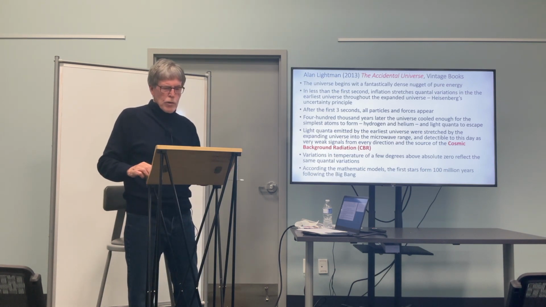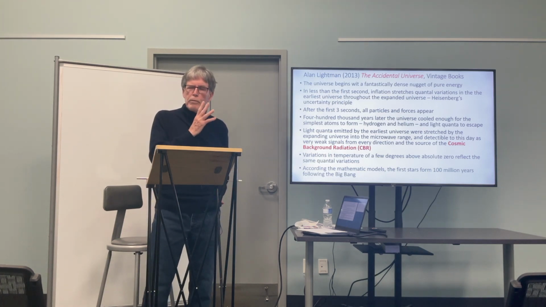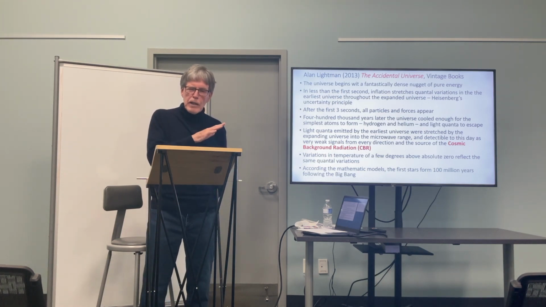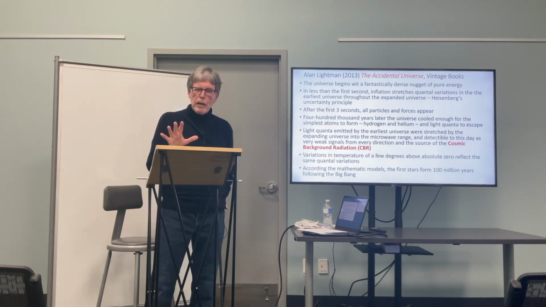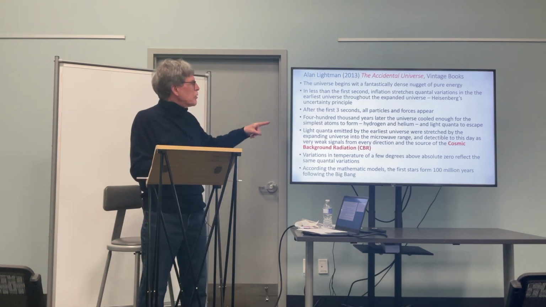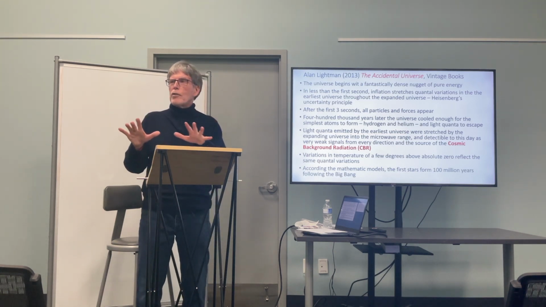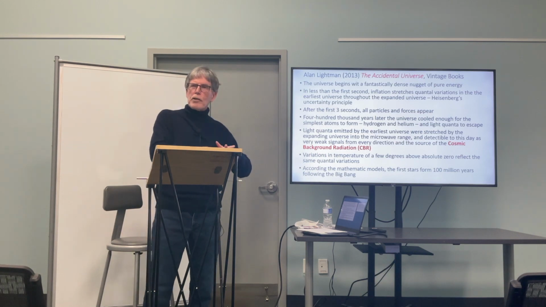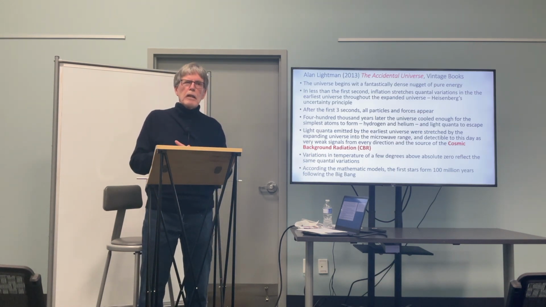One thing you should know about the evidence for the Big Bang and almost all of the events we talked about last week and this week is that it's really a combination of mathematical modeling and experimental evidence. The cosmic background radiation is something you can actually measure that is consistent with the predictions of the mathematical models.